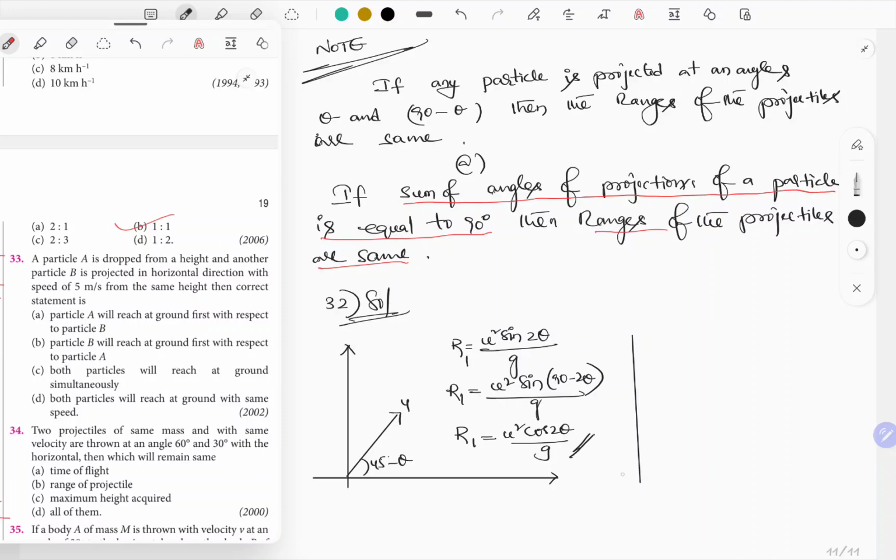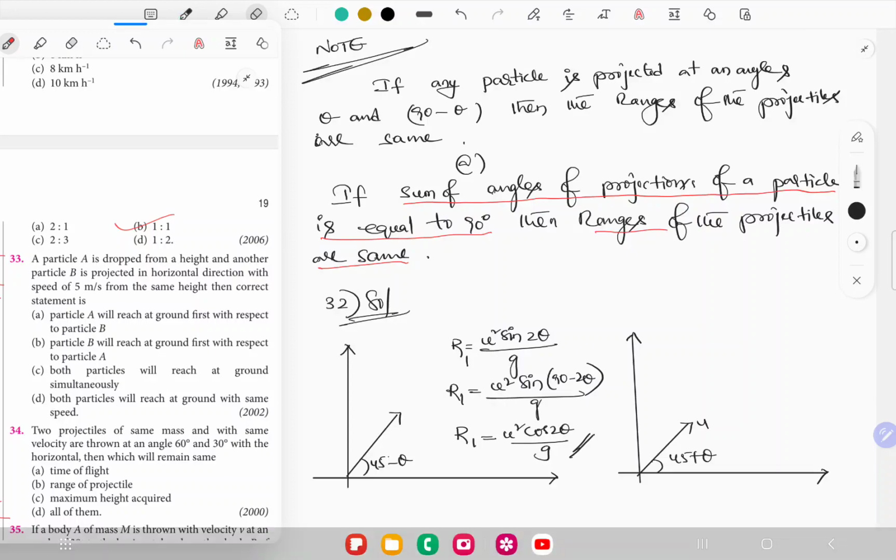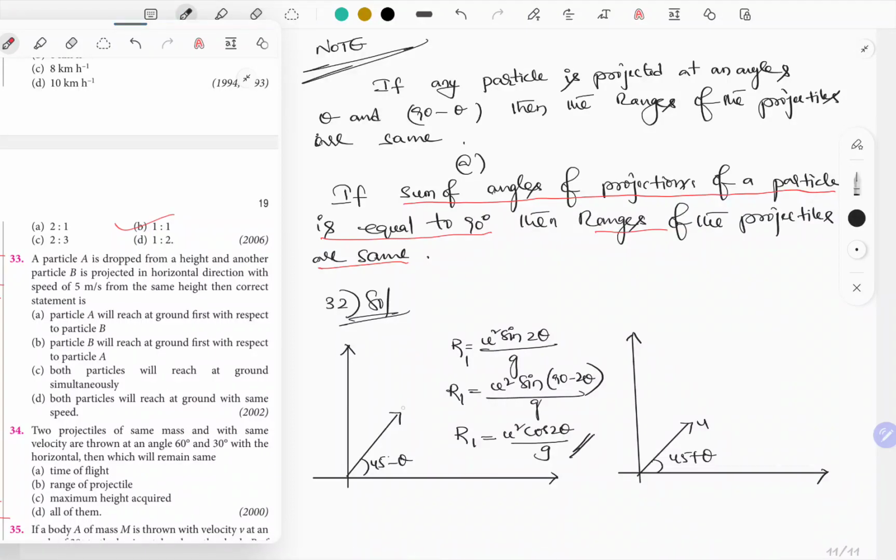Okay, let's see the range of the second projectile. What's the angle of projection? Let's say the speed is u. The angle of projection is going to be 45 plus theta. So r2 is equal to u square sine 2 theta divided by g, where theta here is 45 plus theta.